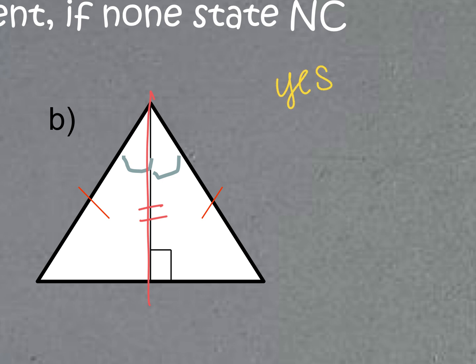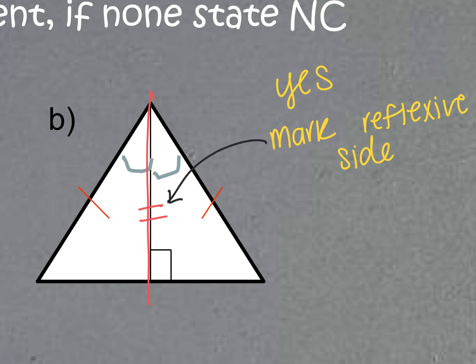And do not forget to mark the reflexive side. Okay? So please understand the difference between reflexive and symmetric. If they are sharing a side, it's reflexive. So they are sharing a side.